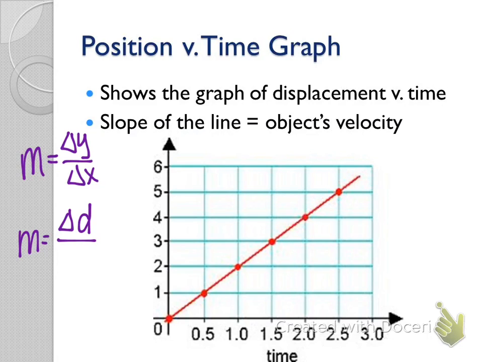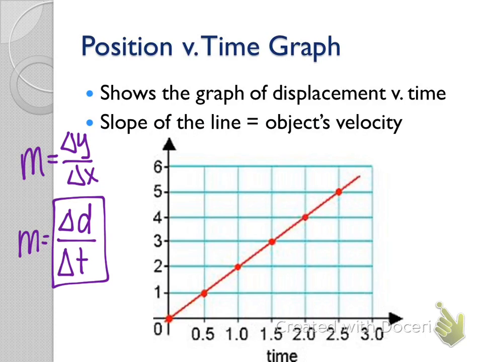The change in displacement is located on the y-axis. What of our variables is located on the x-axis? Time, so delta t. What does this equation right here look like? It looks like velocity. So that is why the slope of a position versus time graph tells us velocity. We're able to look at the change in displacement versus the change in time.